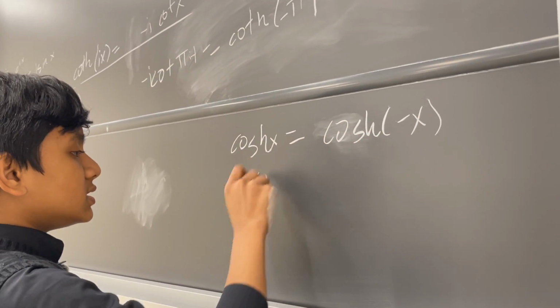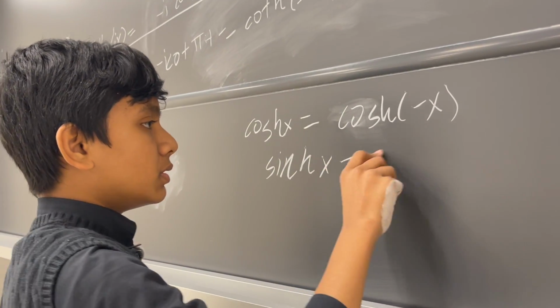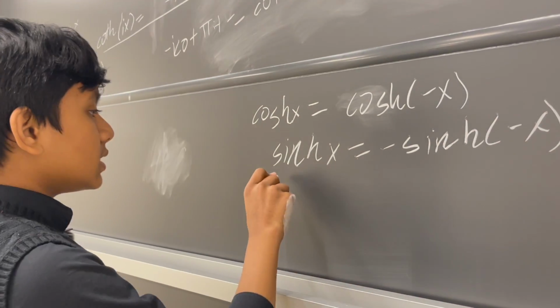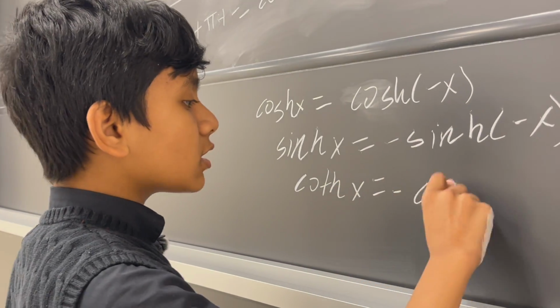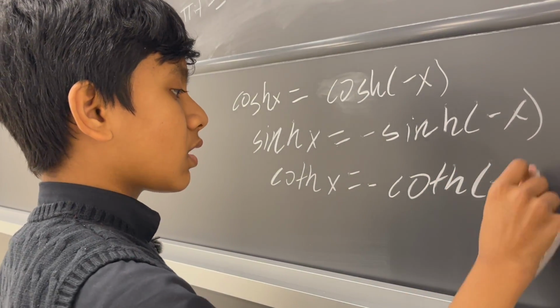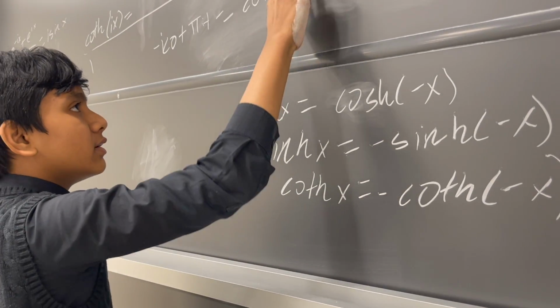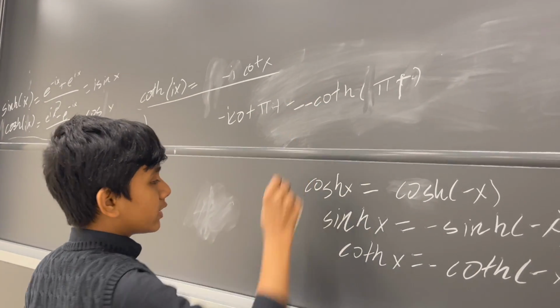Meanwhile, sin of x is equal to minus sin of minus x, which means that cos of x is equal to minus cos of minus x. Good. So that means that we can remove that right over there, and we can place that over here.